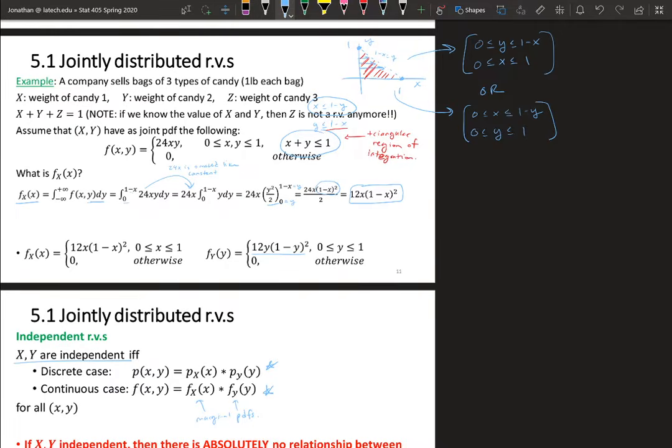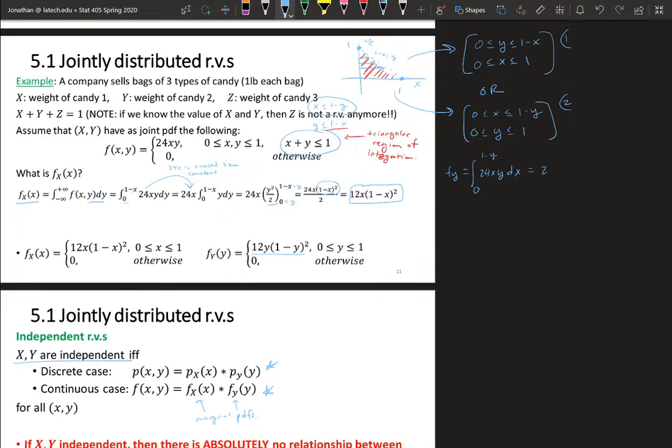So x is going from 0 to 1 this way in the first set of bounds, right here. But in the second set of bounds, y is going from 0 to 1 as x goes from 0 to the line. So then f sub y will be equal to the integral from 0 to 1 minus y, 24xy dx.